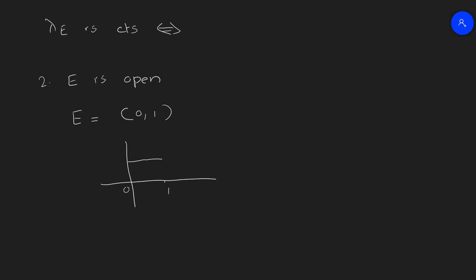At 0 the function is defined to be 0, and at 1 the function is defined to be 0, and for all other values other than E, it takes the value 0. Thus from the graph you can see f is not continuous, thus E is open does not imply the function is continuous. The second option is also wrong.